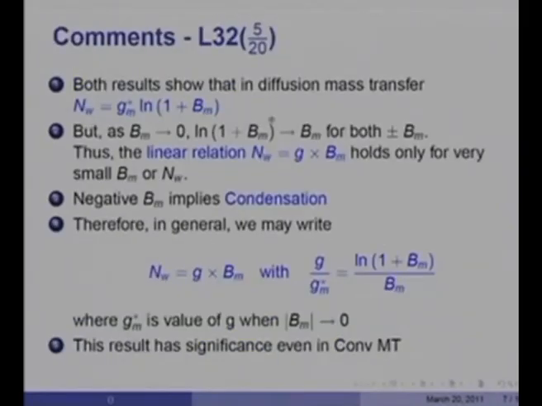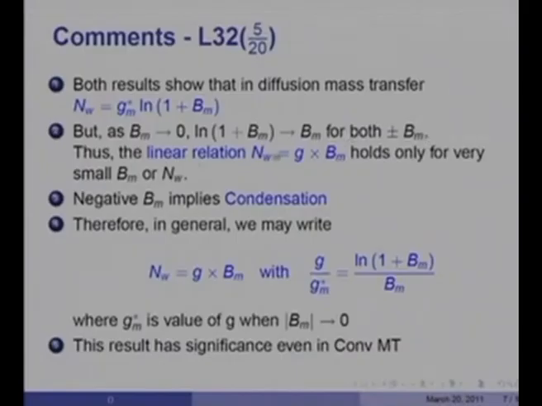So, both the results show that in diffusion mass transfer you get N w equal to g star m ln 1 plus B m. But as B m tends to 0, you can check on your pocket calculator that ln 1 plus B m tends to B m, for both positive and negative B m.